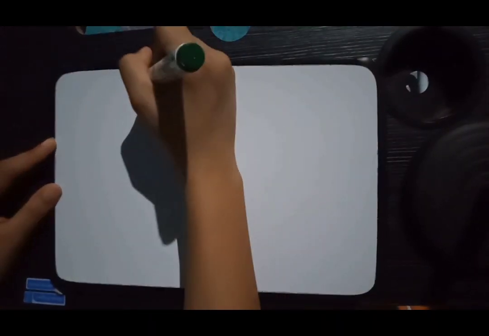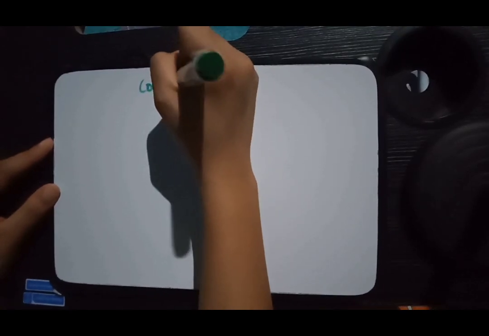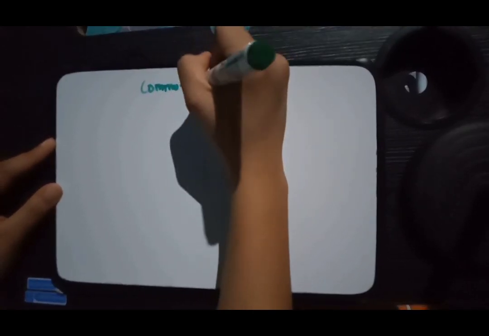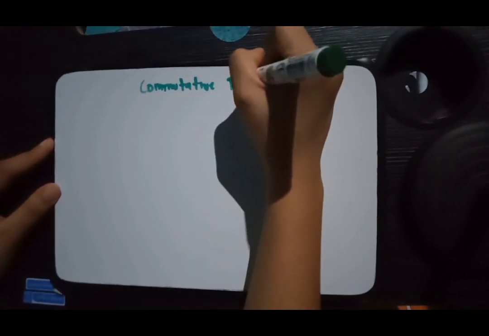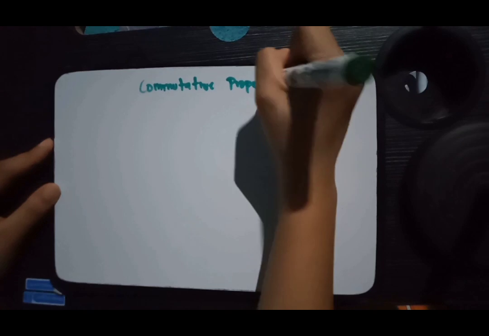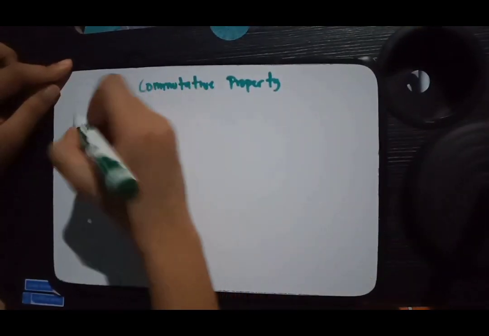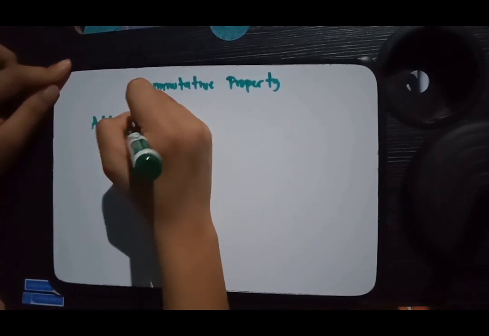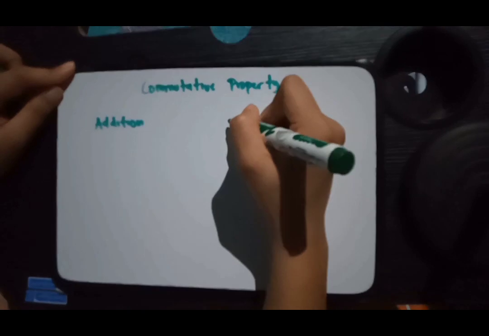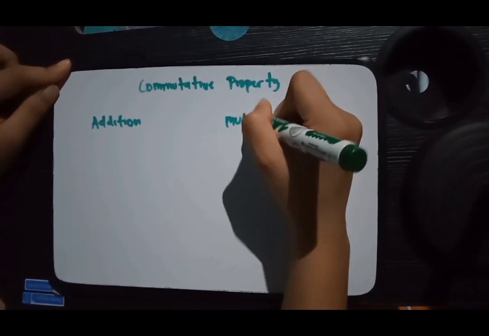The next property that I'm going to discuss is the commutative property. In the commutative property, we have addition and multiplication.